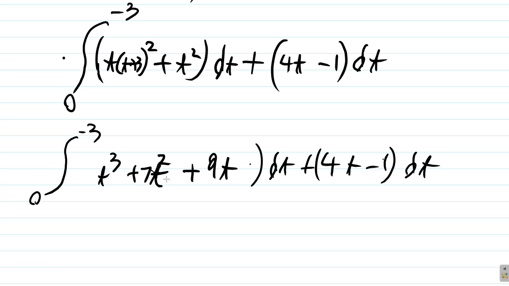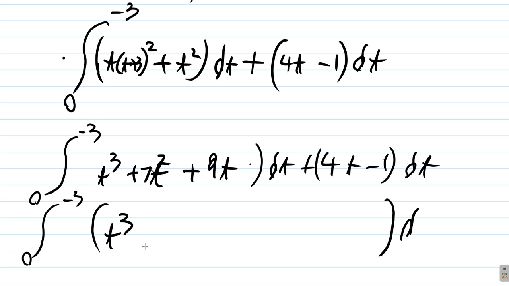Now this part, what we could do is just factor out dt from everything and say this integral from 0 to negative 3 of t cubed plus 7t squared plus, and we have 9t plus 4t is 13t, and then minus 1.